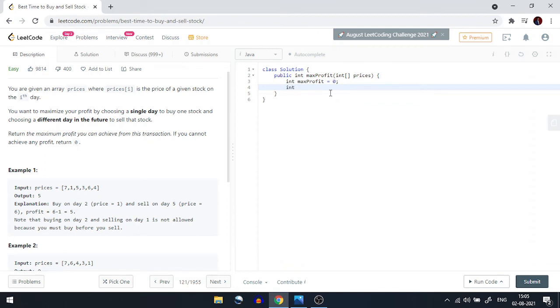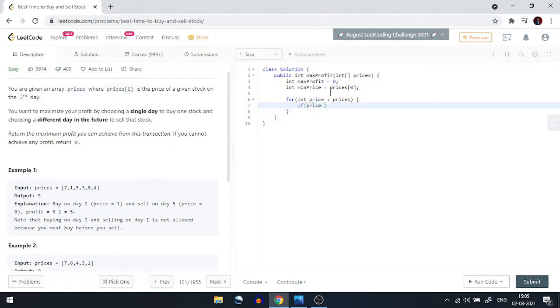Now the second variable is minimum price, which we will initialize to the first element of the array. Okay. Now we will iterate through the array. Let's use a for each loop. Now we will check for the maximum profit first.